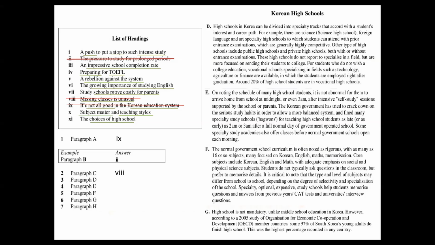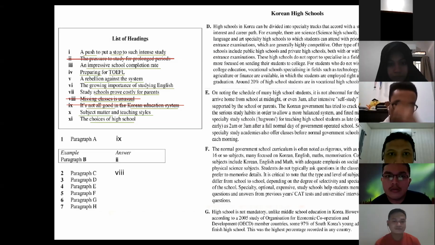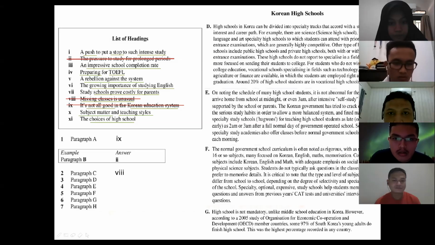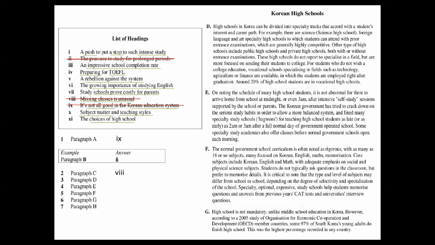How about Miss Irma? Miss Irma, are you there? Oh, we don't have Miss Irma anymore. How about Mr. Rido? We're back to Mr. Rido. Would you please explain paragraph D, your answer for that?